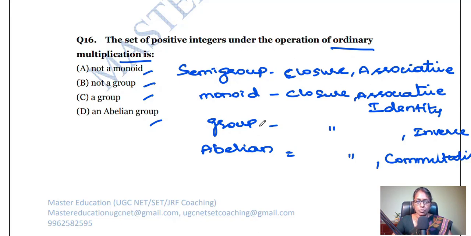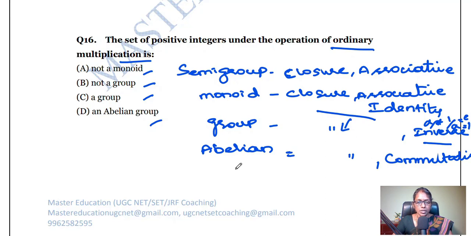And then for a group, closure, associative, and all the monoid properties will come in the group. That is, group means closure, associative, identity and inverse. A dot A inverse equals identity element E. So if you multiply A into 1 by A, that is equal to 1, and 1 is the identity element for multiplication, so that is also satisfied.